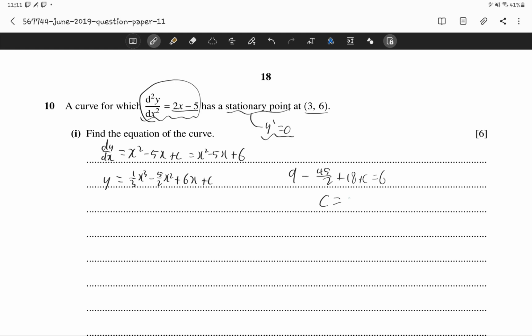C equals 45/2 minus 21. This is 45 minus 42, 3/2.